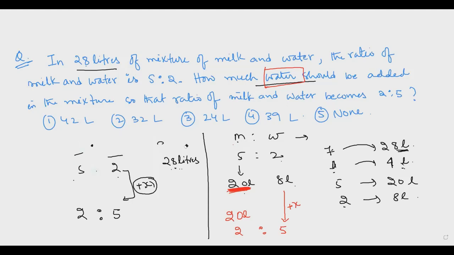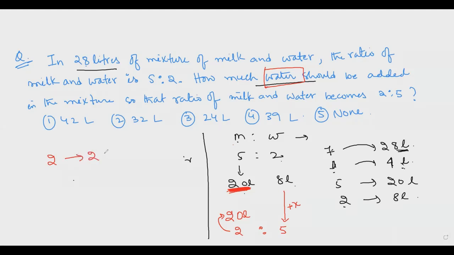That means in this new ratio, the value of 2 is 20 liters. So the value of 1 is going to be 10 liters. So this 5 will be equivalent to 50 liters.